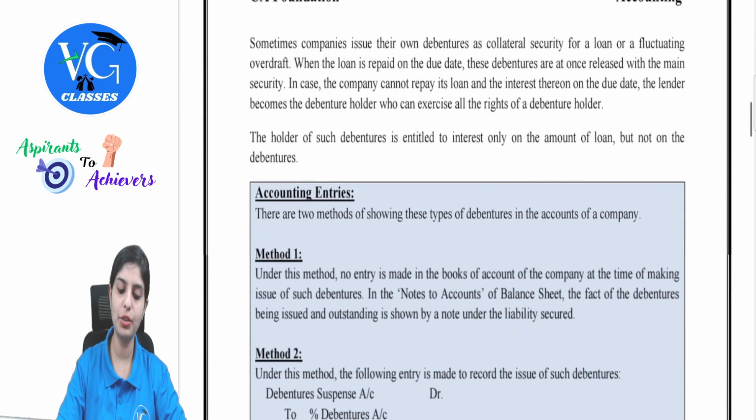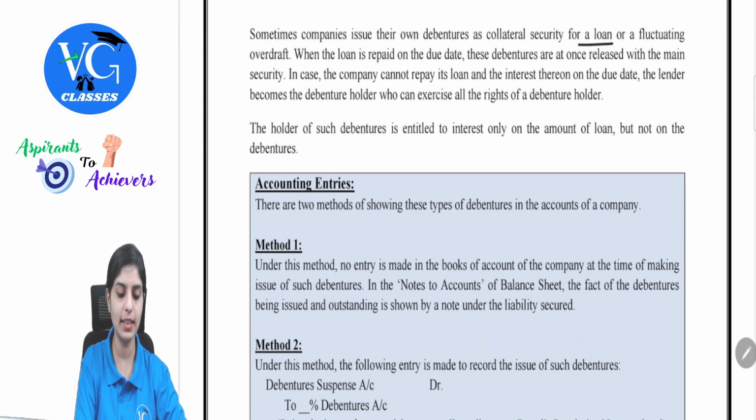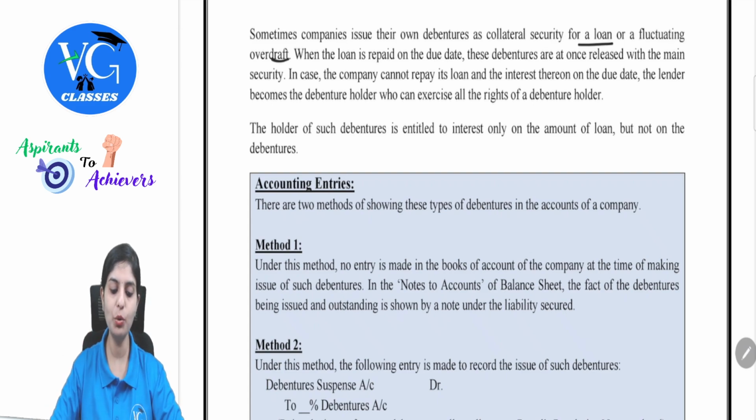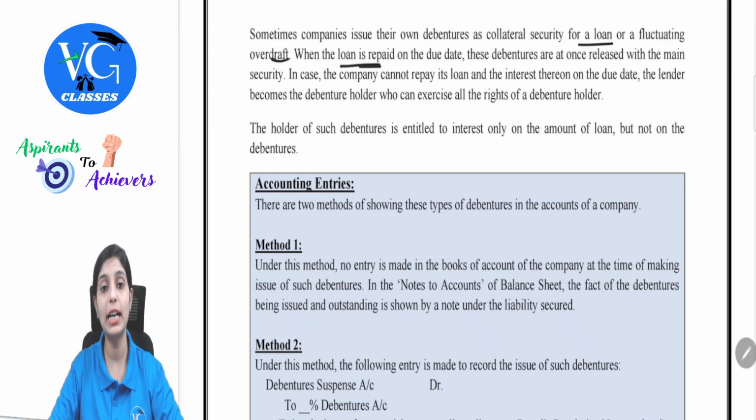Sometimes companies issue their own debentures as collateral security for a loan or a fluctuating overdraft. This is the normal financing arrangement. When the loan is repaid on the due date, these debentures are at once released with the main security. So when the loan is repaid, the charge, whatever was attached with respect to that loan, will be released.